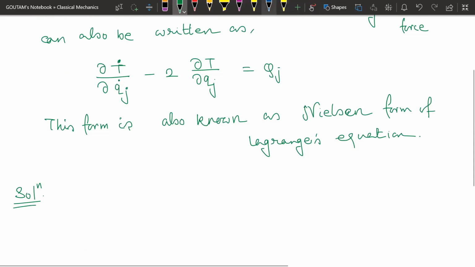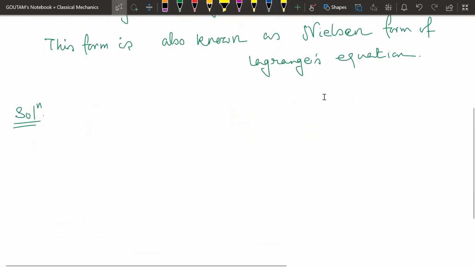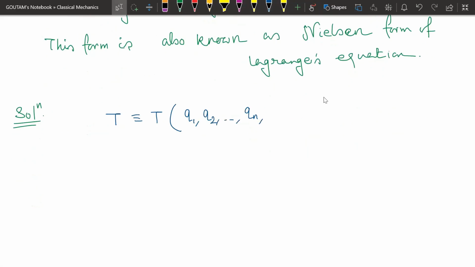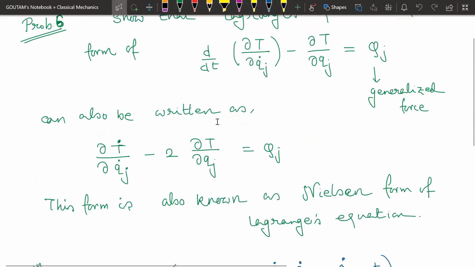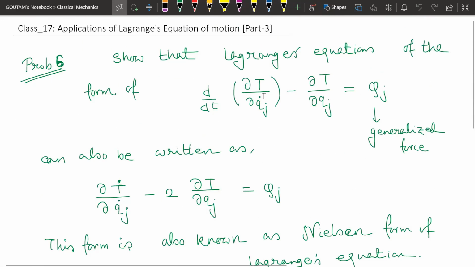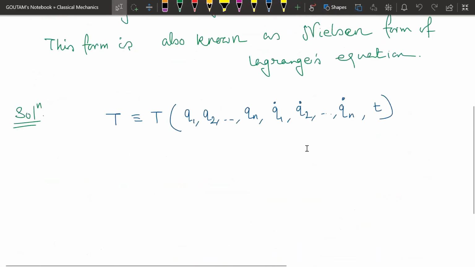Solution. This kinetic energy is basically a function of q1, q2, ... qn, q1 dot, q2 dot, ... qn dot, and time t.